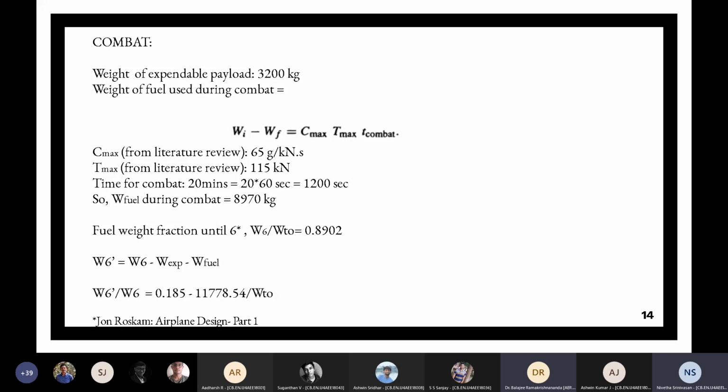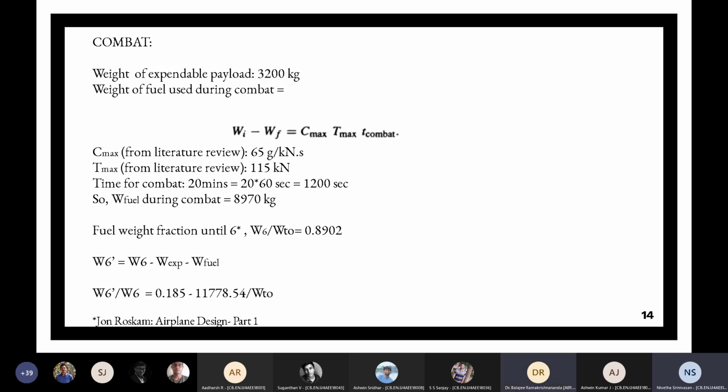Yes, that is what Sanjay said. Sanjay did, but instead of that, you put the Jan Roskam book, no? Yes, sir, Jan Roskam. I just wanted to tell the whole class that it is kind of the Bible for airplane design. Please note, it's a very good book. So, did I give this reference to you? No, sir, we searched for one paper where this was referenced.